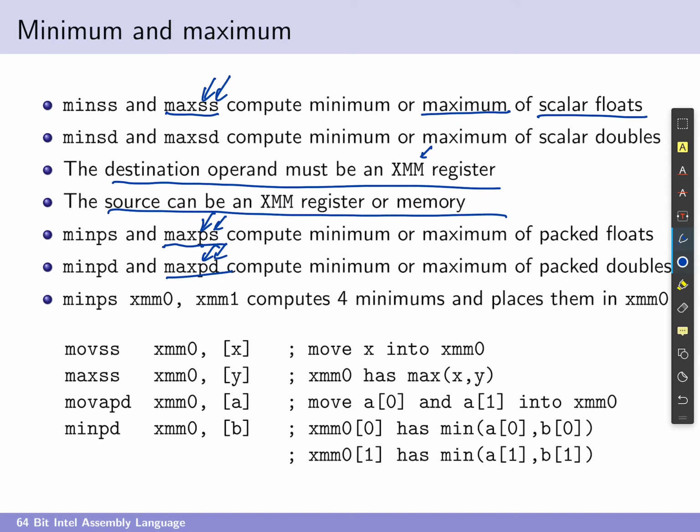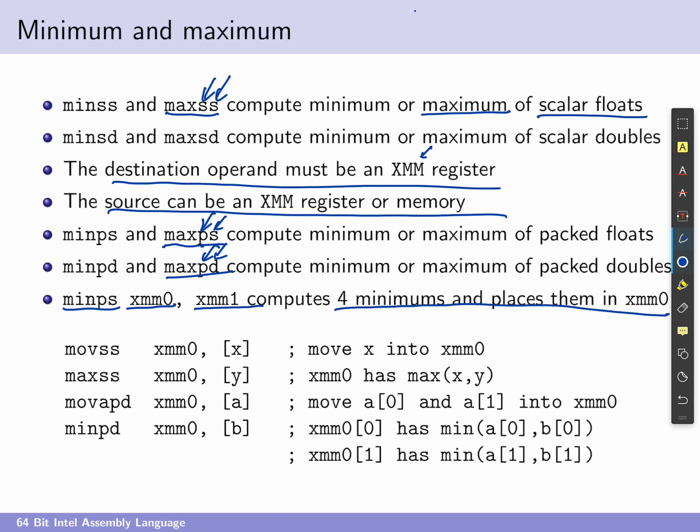So how does that actually work? Well, let's consider the min version, MINPS, min packed single, and say I pass to it XMM0 and XMM1, it will compute 4 minimums and place them in XMM0.